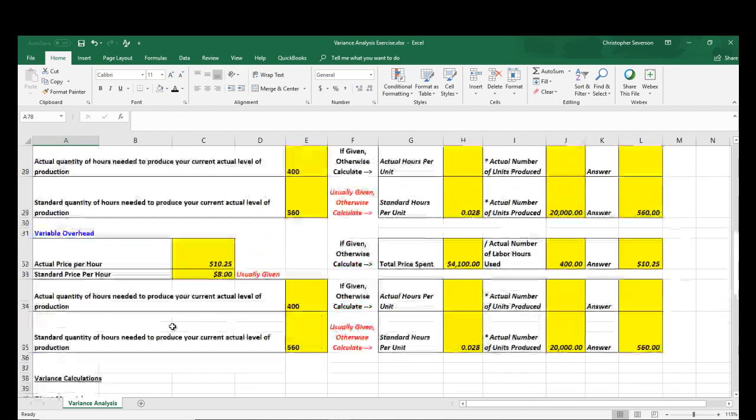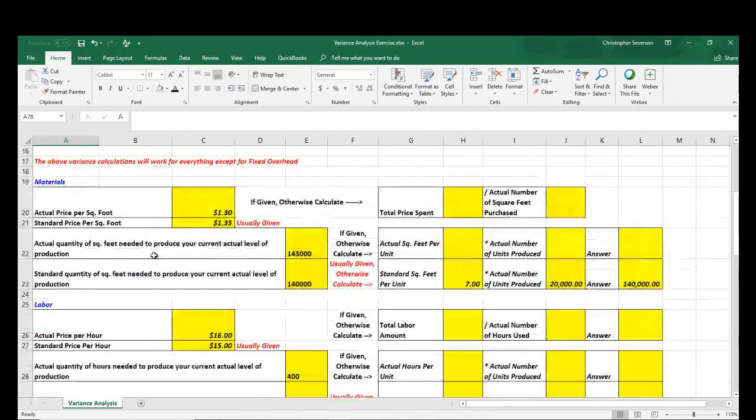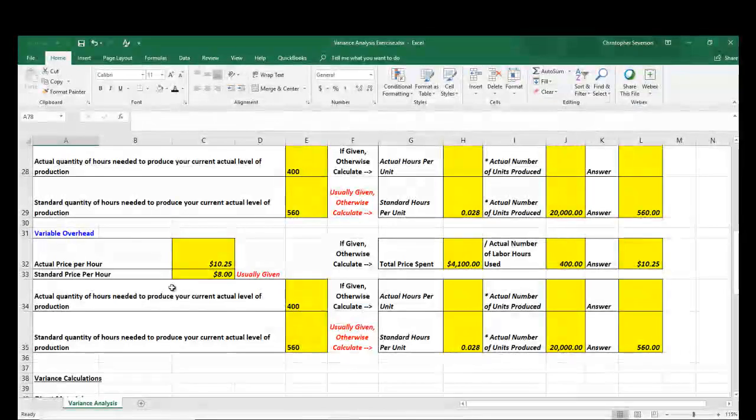Allocated fixed overhead. If we go back up here, they tell us that fixed overhead is applied on the basis of direct labor hours, very similar to variable overhead, calculated by dividing expected total overhead by the expected number of total direct labor hours. So budgeted total overhead, which was 4,200, budgeted number of direct labor hours, which we already have down below in our budgeted quantity of hours, 560.